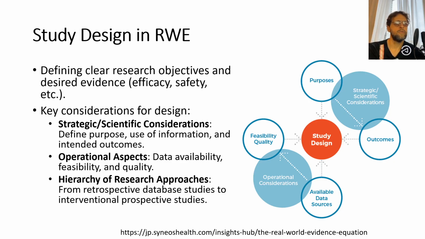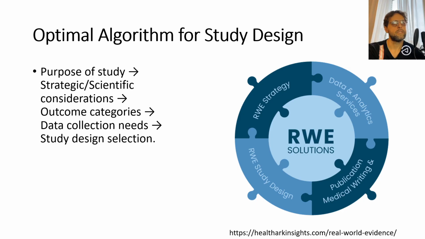Also, this study should be aligned with other research approaches and other research already done. And there should be a retrospective database of studies with a similar purpose, on a similar drug, with which studies we are going to compare our results.